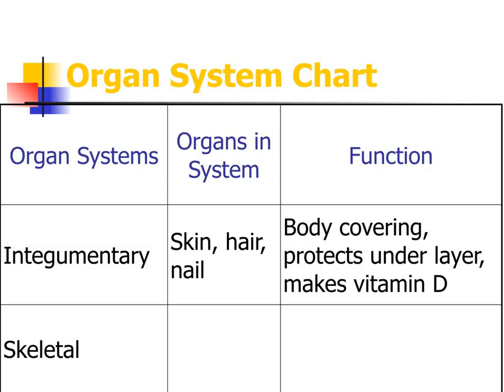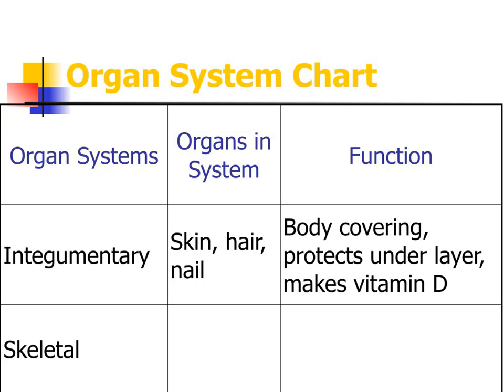So on the next even page, if your 1.1 notes were assigned on page 14, then on page 16 you're going to title it Organ System Chart. If I assign your 1.1 notes for page 16, then on page 18 you're going to label it Organ Systems Chart.